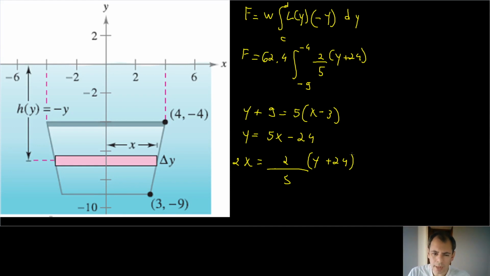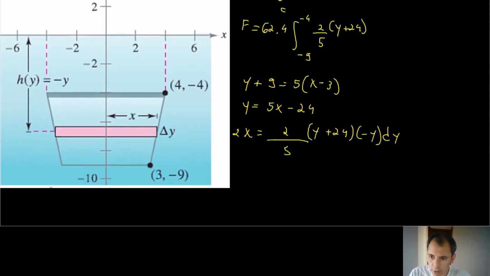Why isn't it going to be y? Because the depth is increasing, but as the depth increases, the y decreases, because the value of (0, 0) is in here. So times minus y dy. That's going to be the force. Oh, I'm sorry. It's over here. Minus y dy.